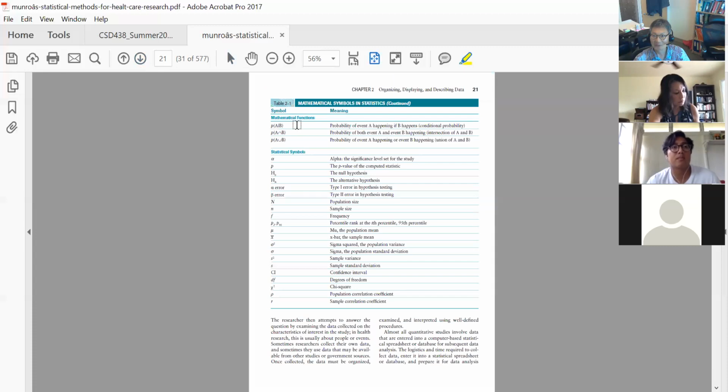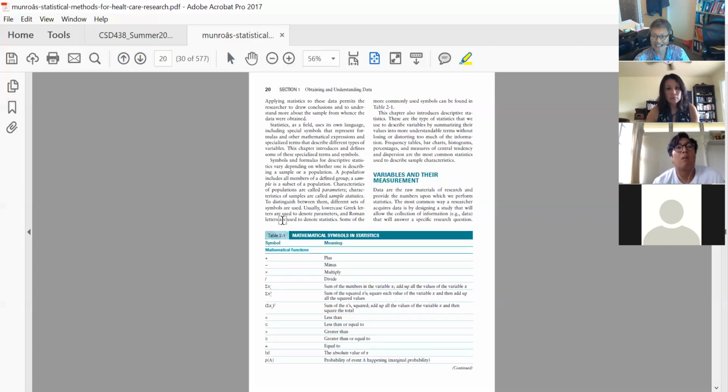Plus, minus, multiply, divide. But the summation of xi is just the summation of all entries for the x variable, right? And the summation of xi squared is when I have xi values, then I need to square each, and sum from the first to the end of the entries.